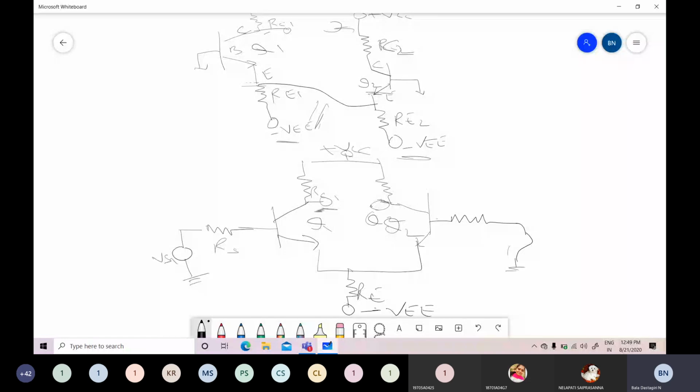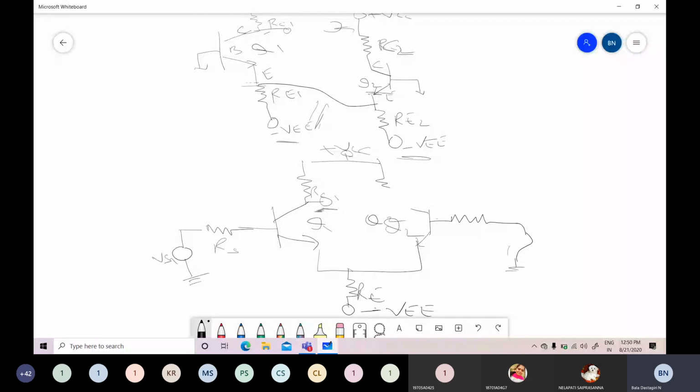Next configuration is single input unbalanced output. Single input means only one input will be there, and unbalanced means the output is taken only across one collector. So these are the four configurations of your differential amplifier. The first is dual input balanced output, meaning it has two inputs and the output is taken across the two collectors.